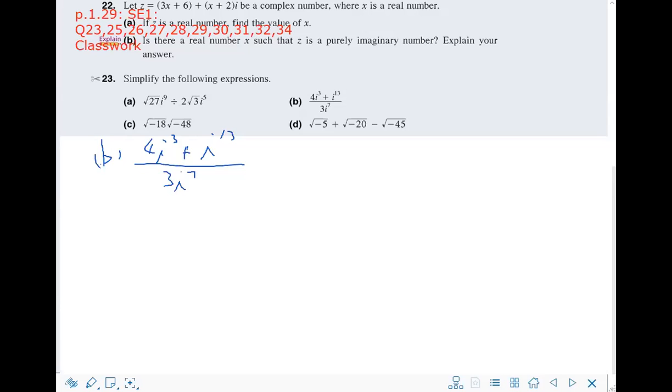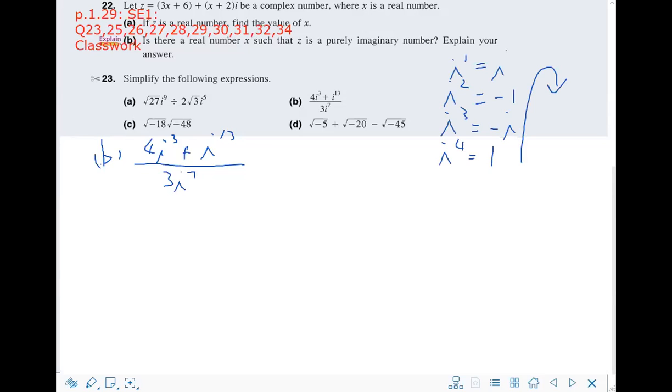Do you remember that we have a pattern of 4 for the i powers? i1 is i, i square is -1, i cube is -i, i4 is equal to +1, and then it repeats again: i5, i6, i7, i8, and so on.